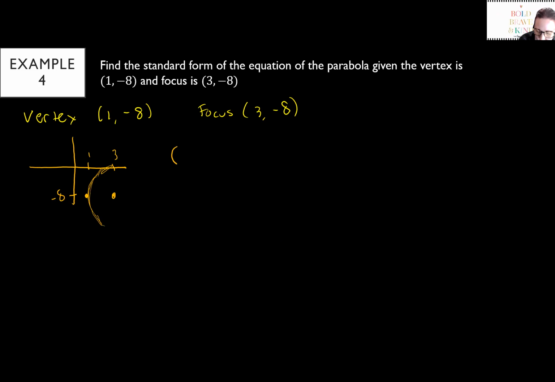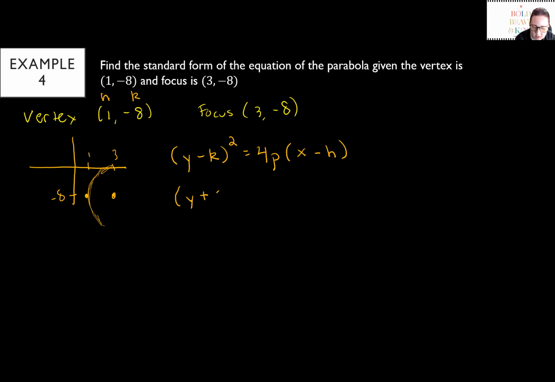So for a horizontal, our formula is (y minus k) squared equals 4p times (x minus h). So our vertex gives us our h and our k. So we have y minus -8.